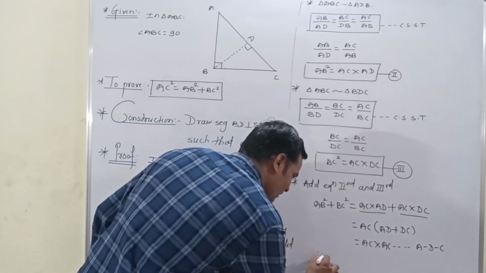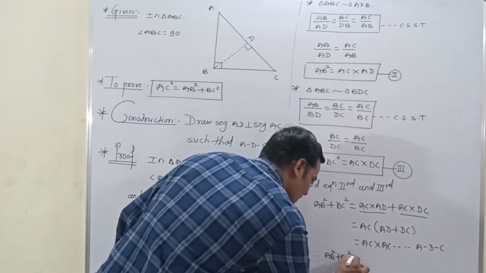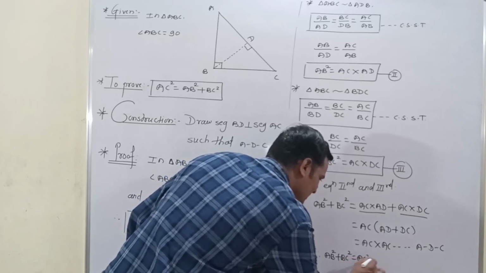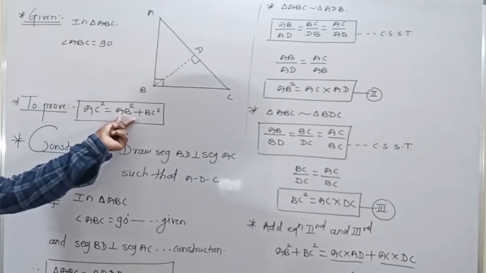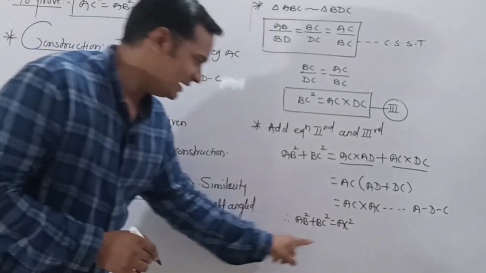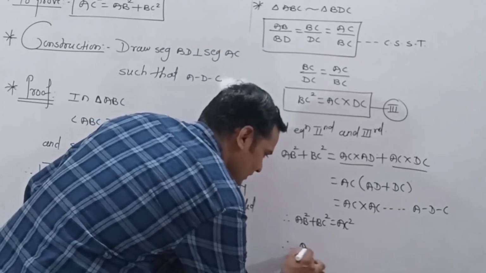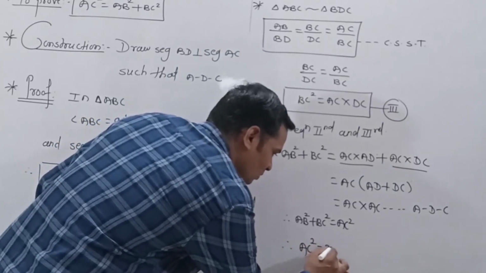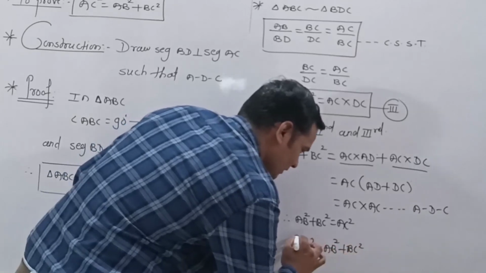Therefore AB square plus BC square is equal to AC square. Just write down like this: therefore AC square is equal to AB square plus BC square.